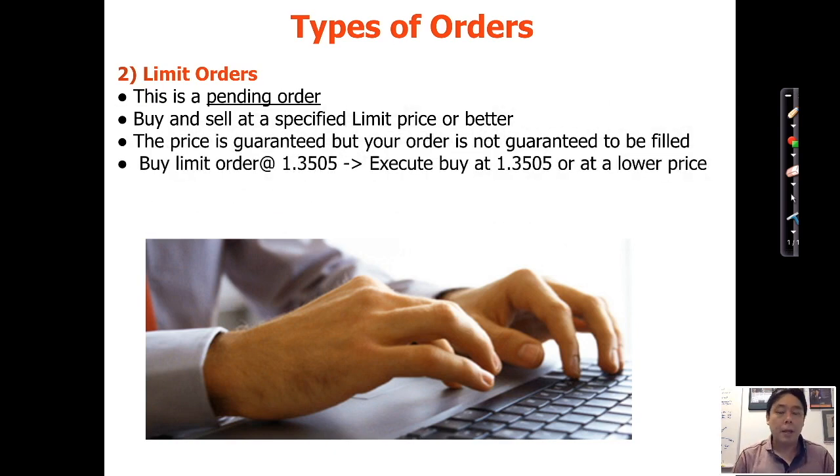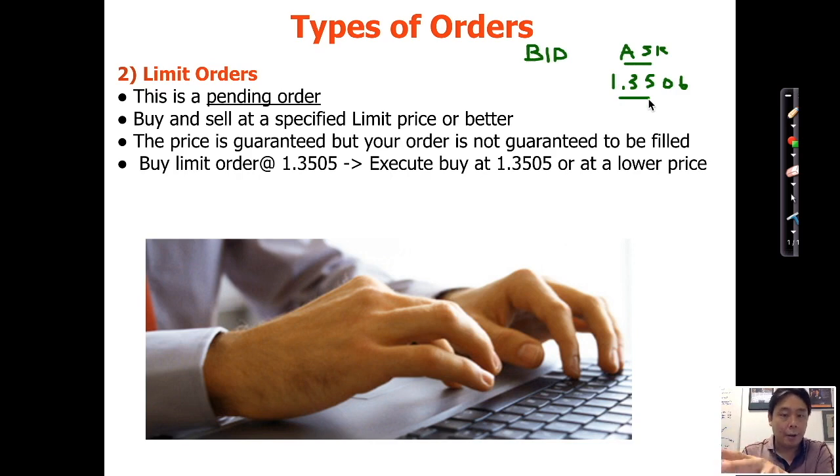So let me give you an example. Let's imagine that we've got the bid and the ask, and currently the ask is at 3506. So that's the current market price. Remember, if I want to buy immediately, I click buy, I would probably get it at 3506 if the market doesn't change.